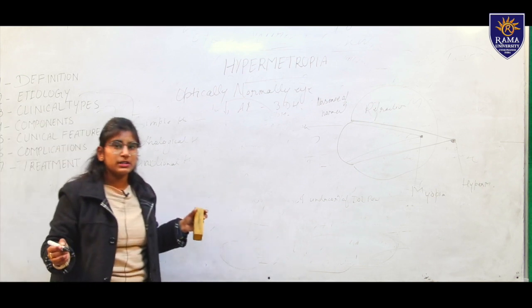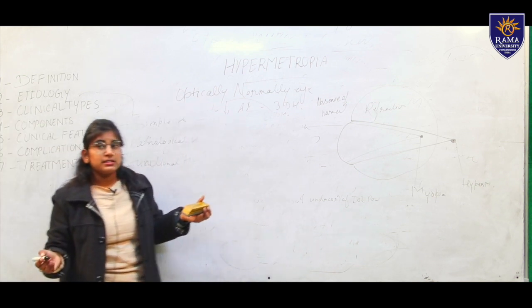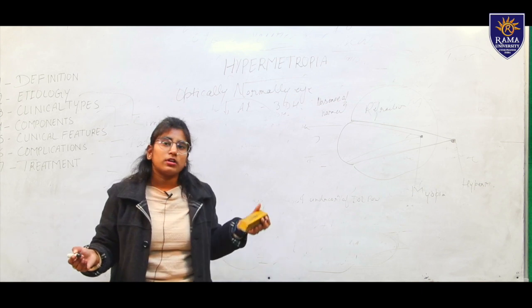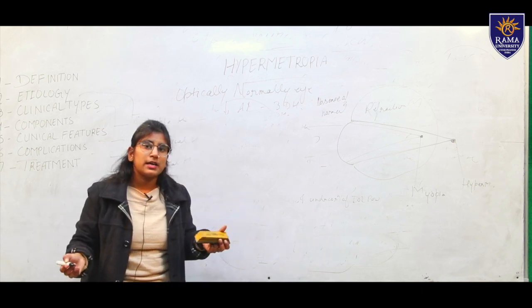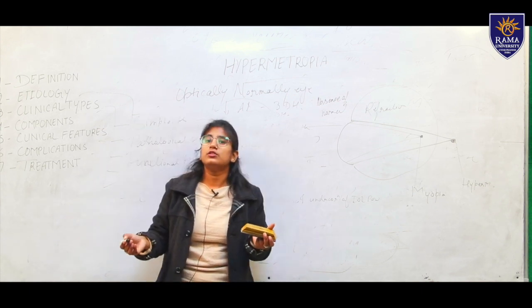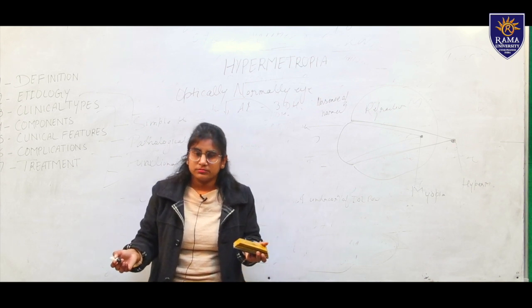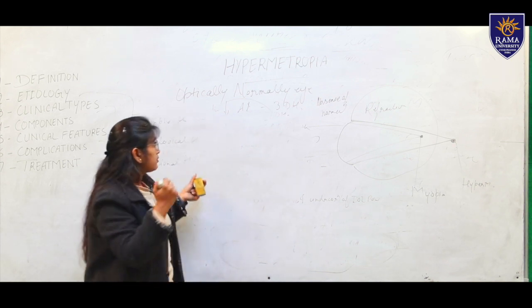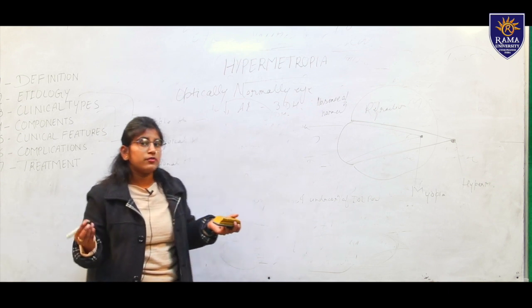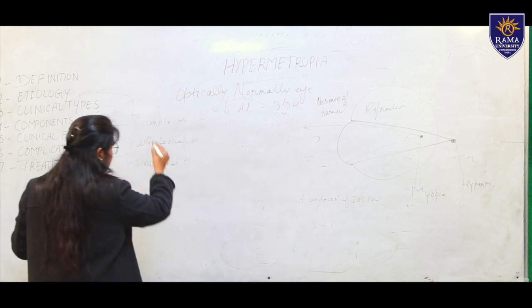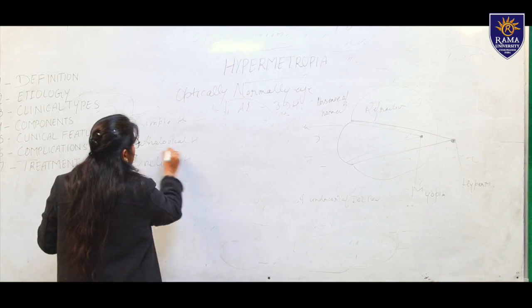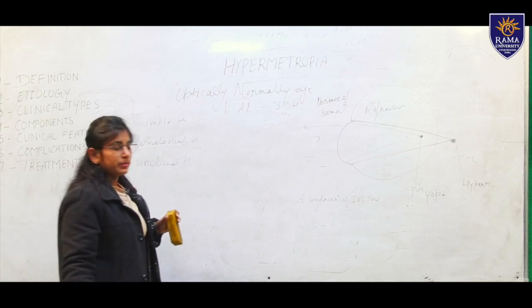This is the most common type of hypermetropia, and it is due to axial type or curvatural type. Axial type is due to decrease in axial length of eyeball, and curvatural type is due to decrease in curvature of cornea or lens or both. This is simple type.